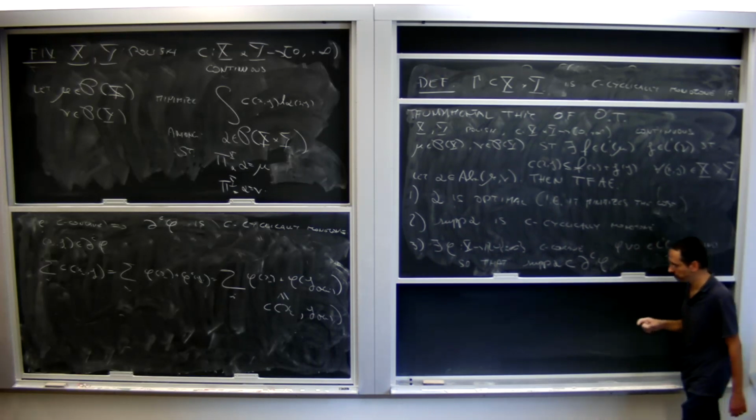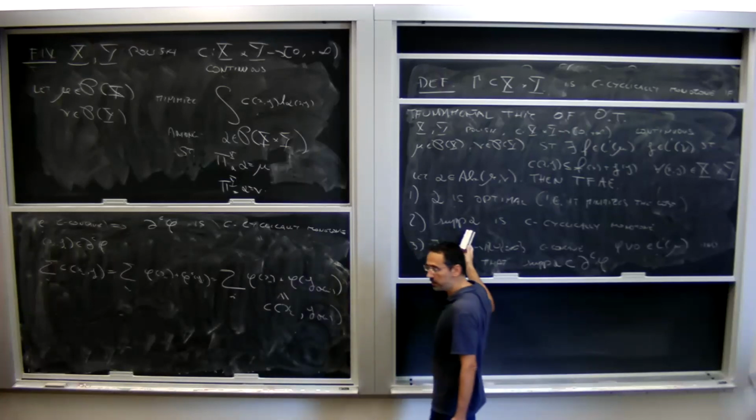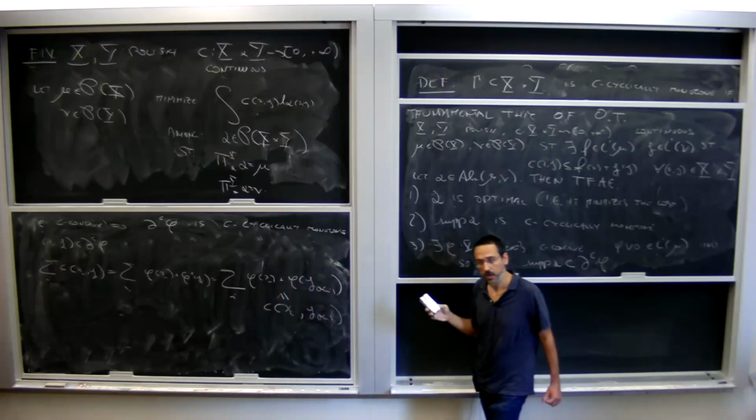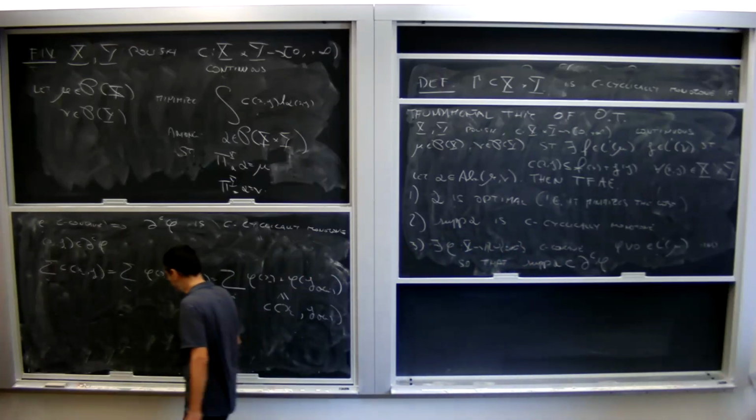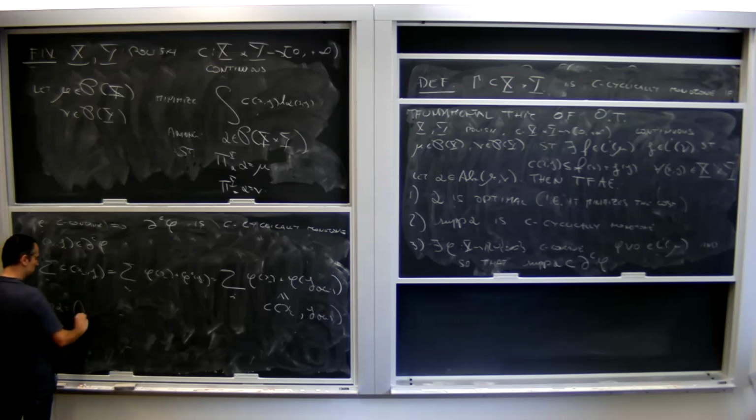All right. Let me make a few comments. First of all, I never mentioned what the support of a measure is. Perhaps let me do it now. The support of alpha is by definition the intersection of all the C among all C closed, where alpha of C is equal to 1.